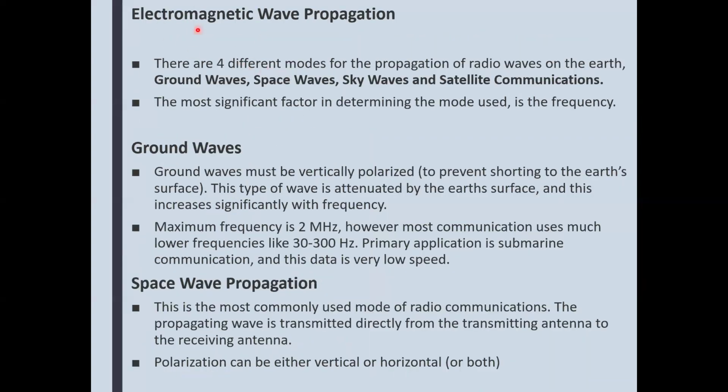All right. Electromagnetic wave propagation. There are four different modes of propagation of radio waves on Earth: ground waves, space waves, sky waves, and satellite communications. The most significant factor in determining the mode is the frequency. Different frequencies behave in slightly different ways.